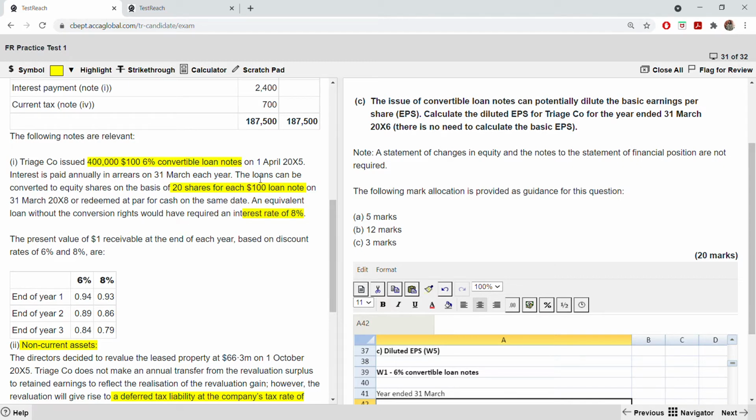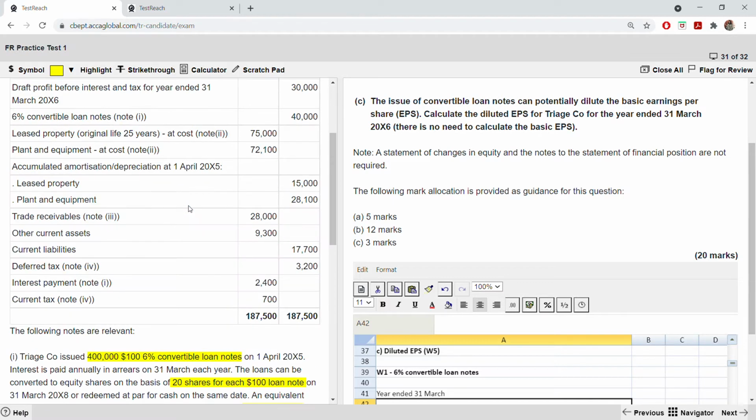31st March 2006 means how many years? 2006, 2007, 2008. Three years. Why is it 3 years?